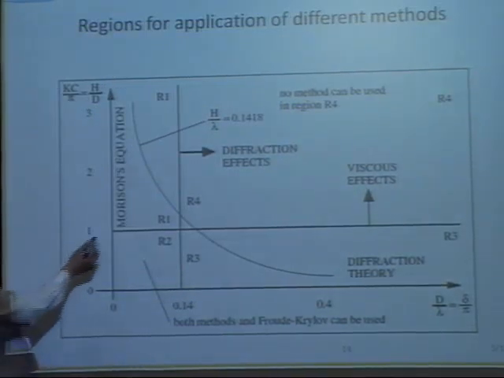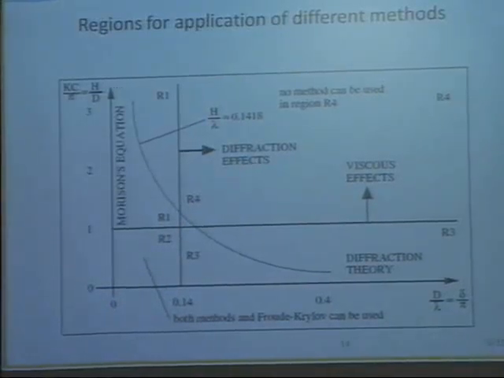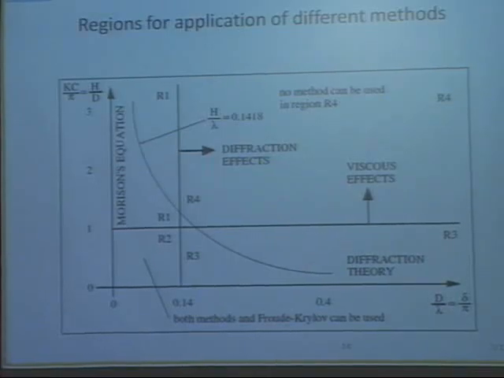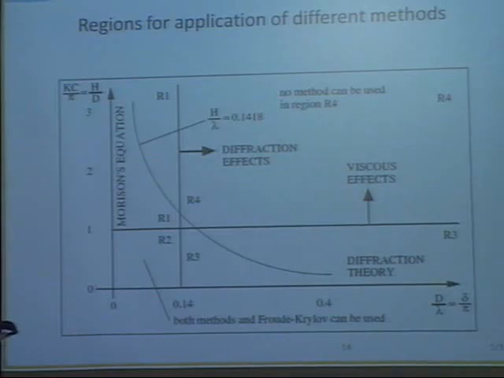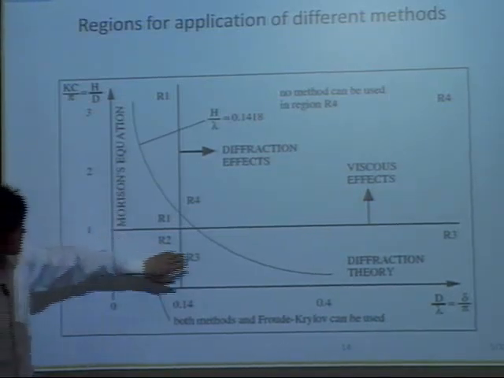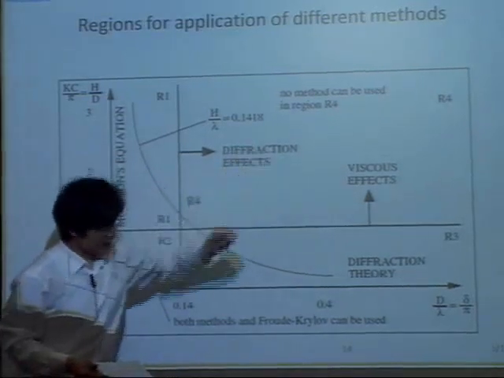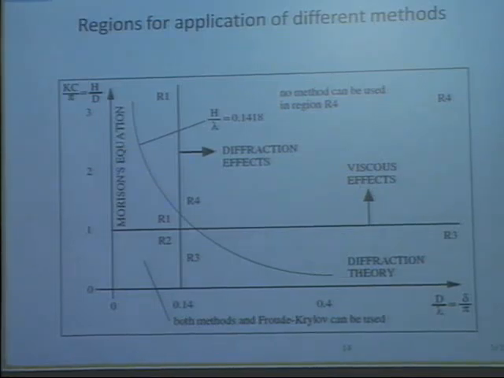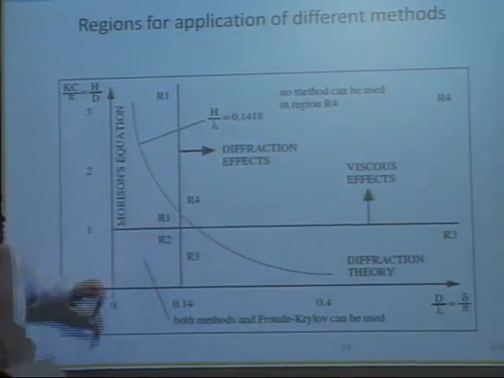The magnitude of these lines is determined from experiments and many years of experience in our industry. And so you can see these three regions, 1, 2, 3. How about this region? In this region, none of those simplification methods works.